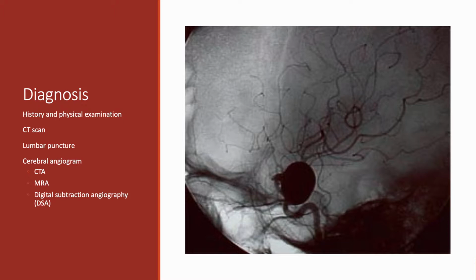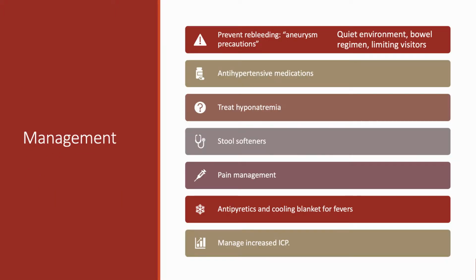And then we need to visualize it, and the way we visualize it is either with a CTA or an MRA in some cases, but often just direct digital subtraction angiography or an angiogram, where we inject dye directly and see the aneurysm here. And so on this image here, you can see this aneurysm in all of its glory, whatever the opposite of glory is.